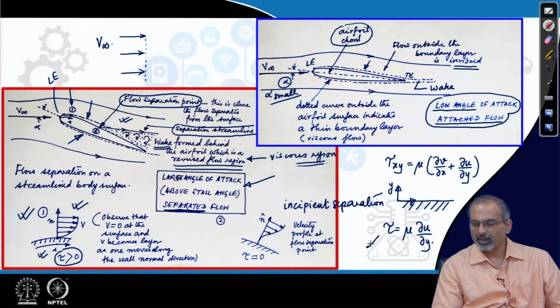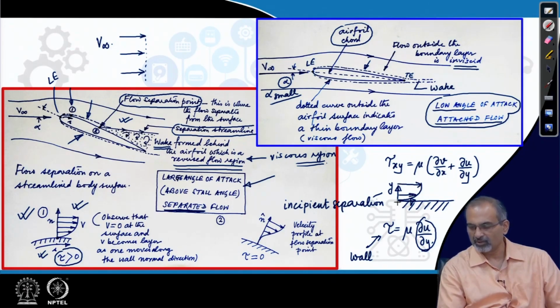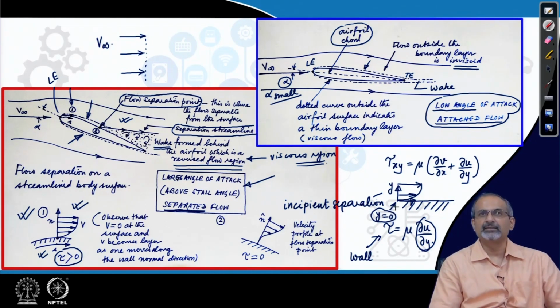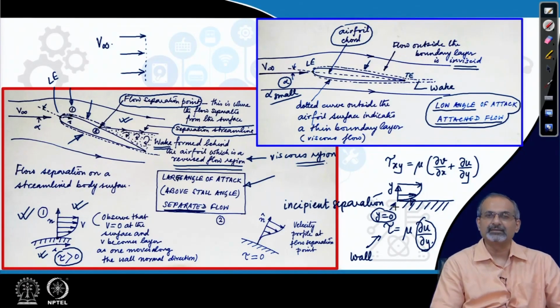And this will give you the shear stress on the wall. That means the del u del y of that velocity profile that you work out exactly at y equal to 0 will give you the wall shear stress. So, you can see very easily that it is dependent on the velocity gradients.